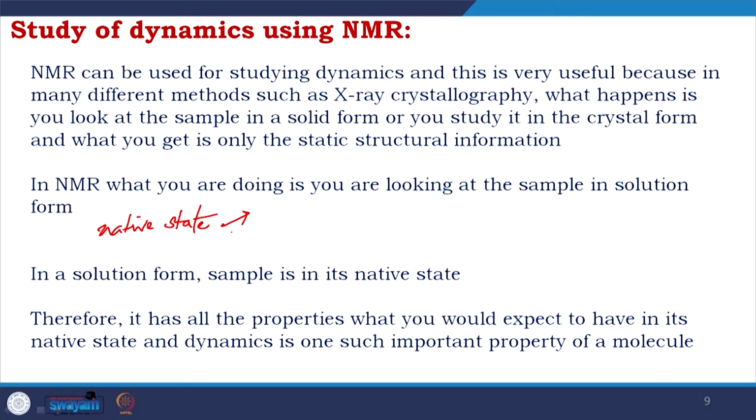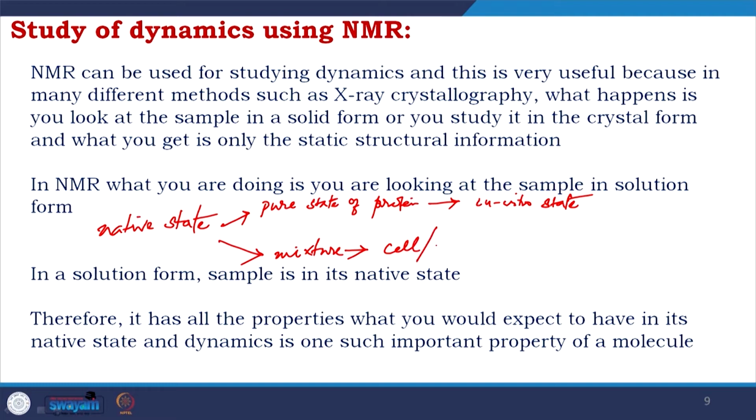One of the native states is the pure state of a protein, which we call the in vitro state. The other one is where it is in the mixture. Mixture means in a cell, in a body, that is called the in vivo state. When I say native state, here I mean the in vitro state, not the in vivo state.